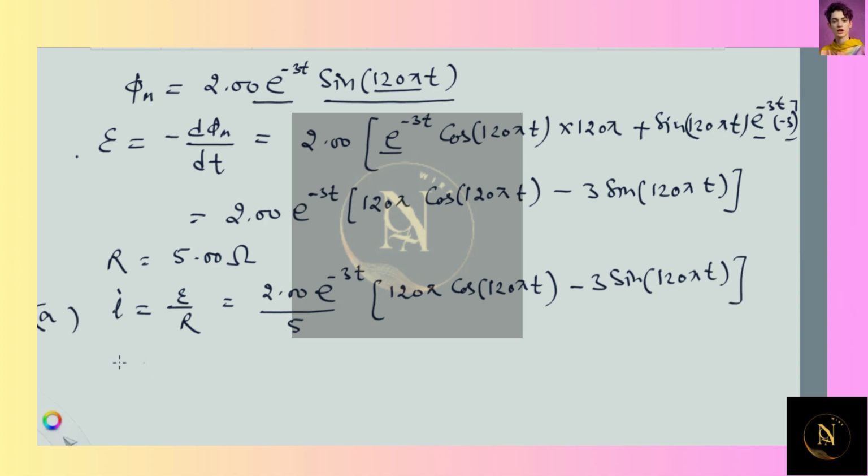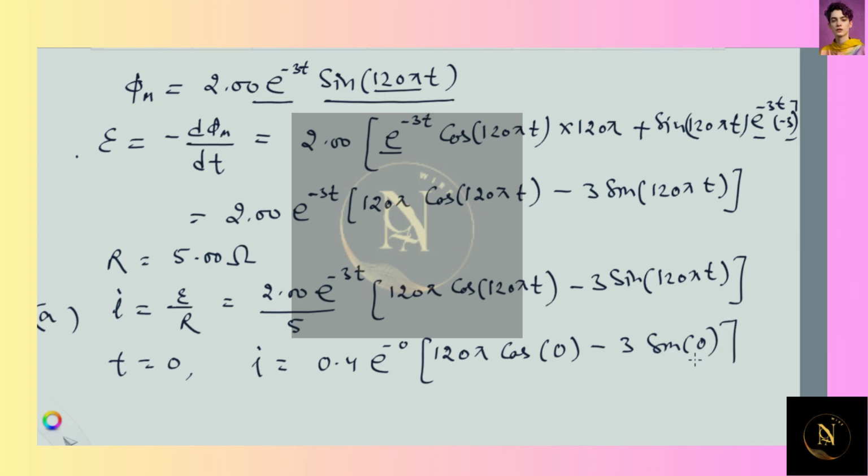So when the time is 0, the value of current will come out to be 2 by 5, which becomes 0.4, e raised to the power minus 0 as the time is 0, then 120 pi cos 0 if we put the time 0, and then minus 3 sine 0. And we know sine 0 is 0 while cos 0 is 1.